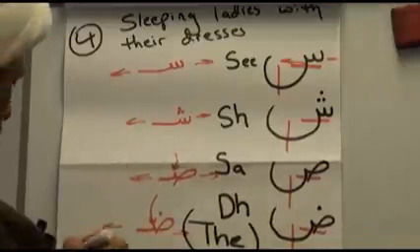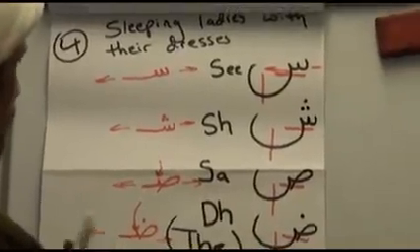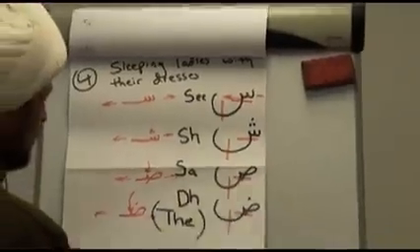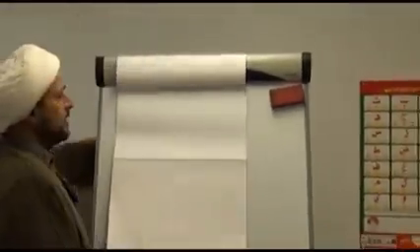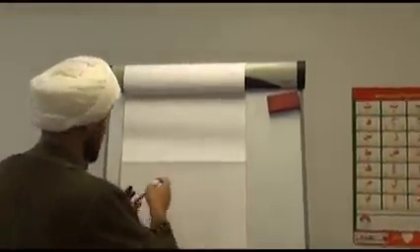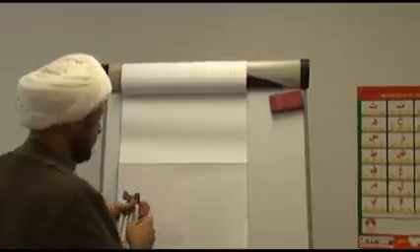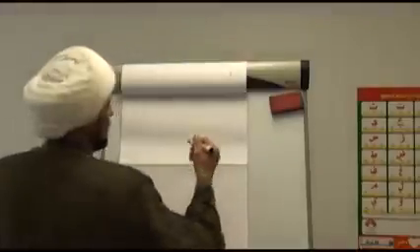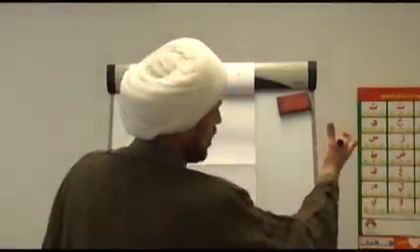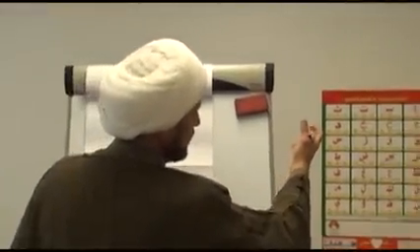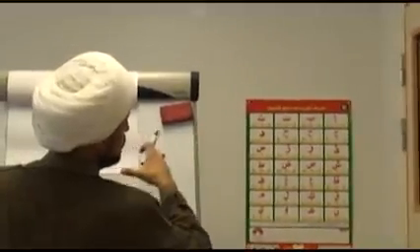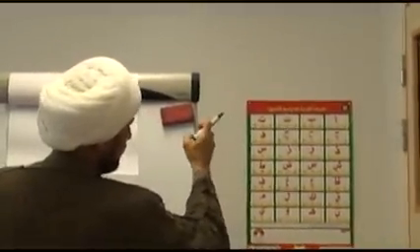So now we come to the remaining 5 letters. Let's see here. We will use this pen. Perfect. If you look at the chart, let's go together and see what we don't have. Alif, we have.